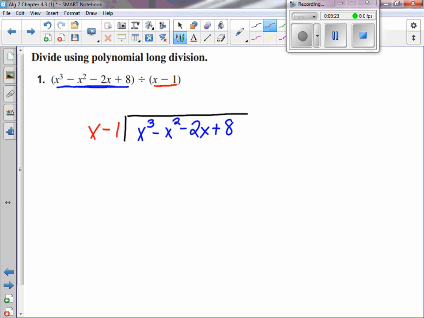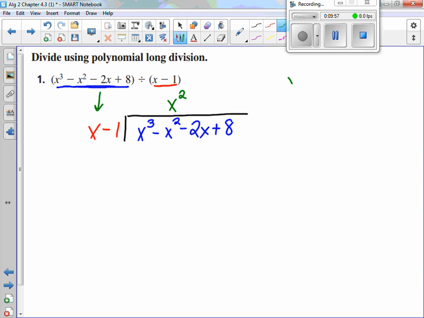So, to do that, what can I multiply x by to give me x to the third? What times x would give me x to the third? X what? X squared, because x squared times x would be x to the third, yes? That's what we're doing from one step to the next. We're trying to see what I can multiply x by to get the term in front to cancel out.